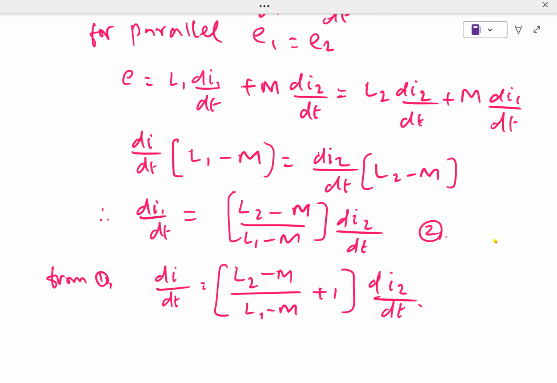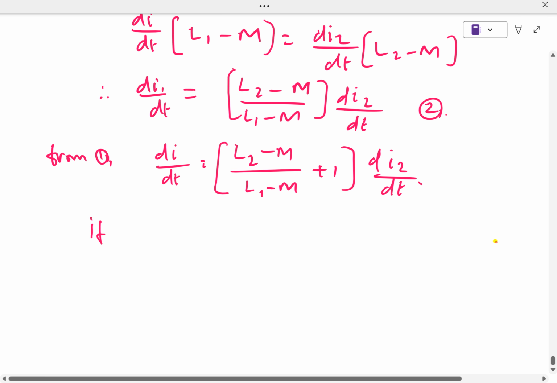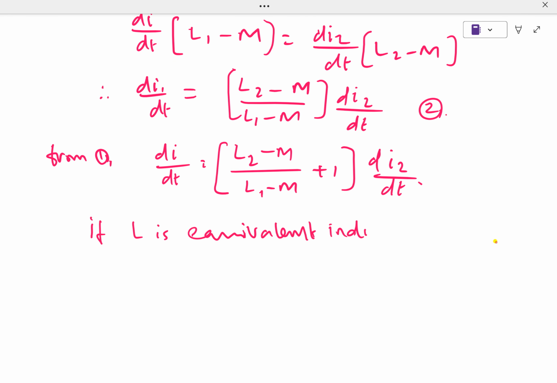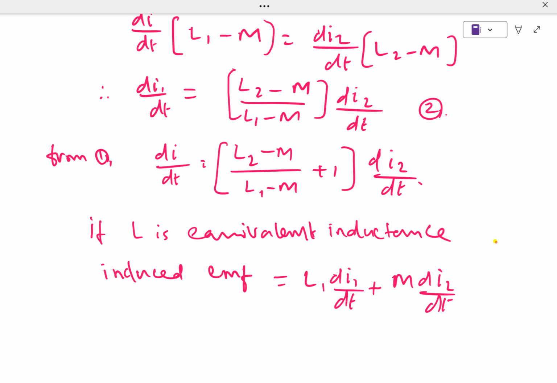If L is the equivalent inductance, then the induced EMF in the parallel combination is equal to the induced EMF of one coil, L1 di1/dt plus M di2/dt.